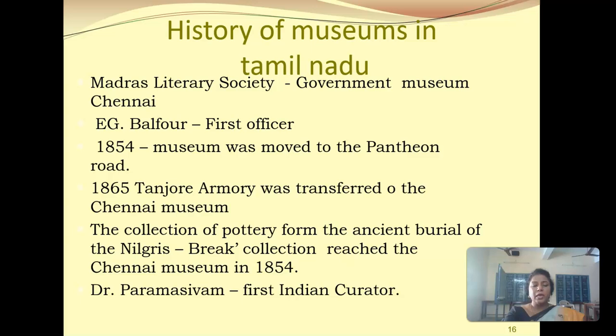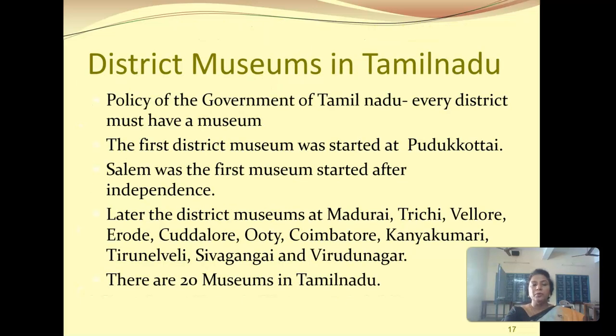What they did was collect all the things from other museums and keep them in the Chennai Museum. And Dr. Paramashivam was the first Indian curator of the Chennai Museum.